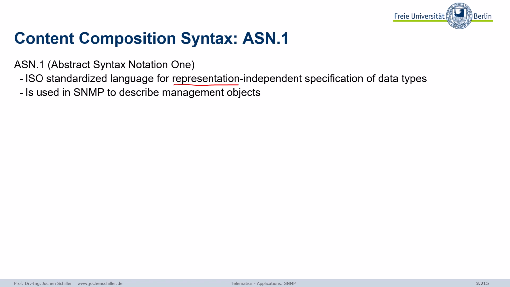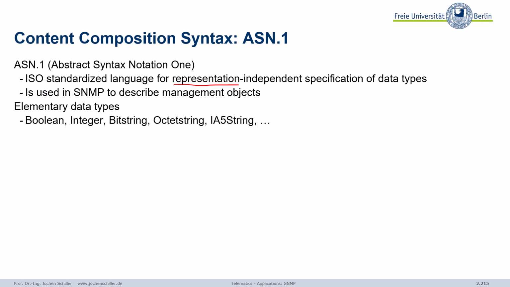So what we have here are descriptions of very elementary data types. So what is a Boolean, an integer, a bit string, etc. And this is octet string, so these are bytes. The telco speak of bytes is octets. And then International Alphabet number 5 strings, so ASCII, similar things.